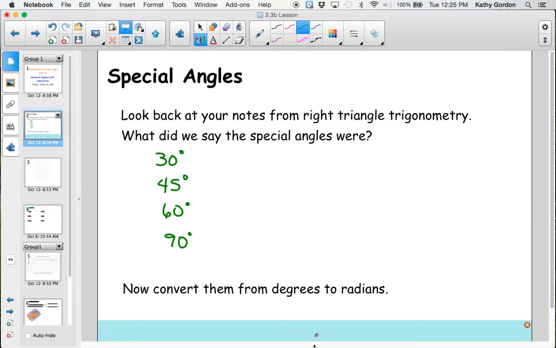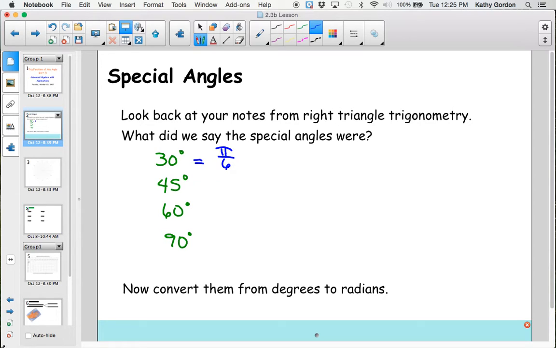All right, so in radian measure, 30 degrees is equal to what, Nicole? Sorry? Pi/6. Okay? Yeah.